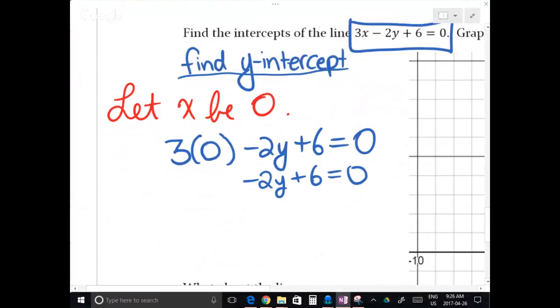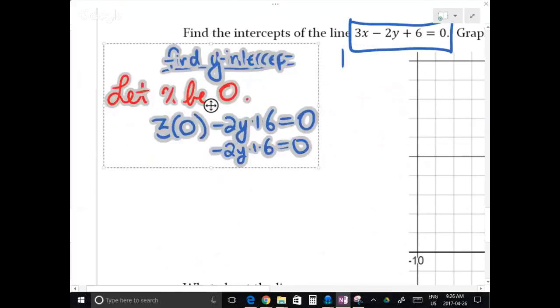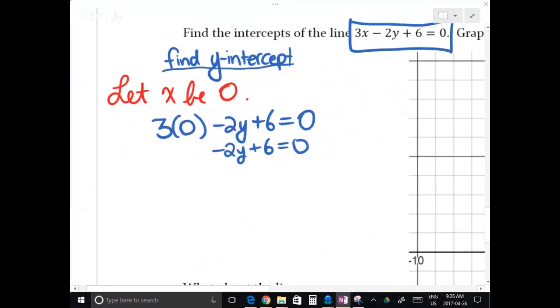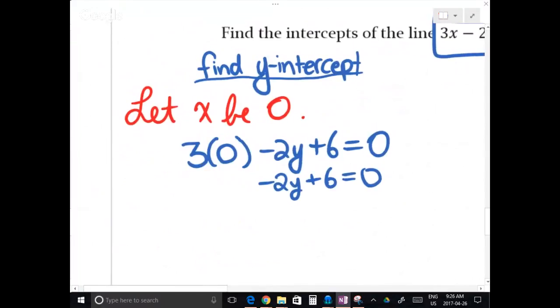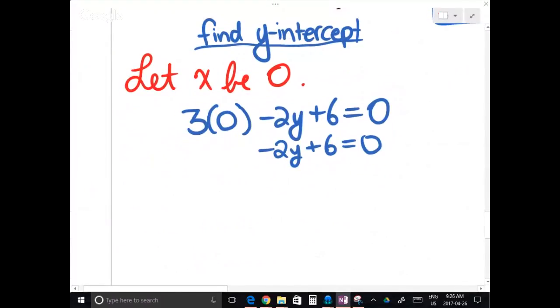Now how would you solve this? Let's solve this for y. That's going to give us the y-intercept. So we let x be 0, because that's where the y-intercept is going to happen. We know x. X is 0. Now we're going to solve for y. What would you do first?